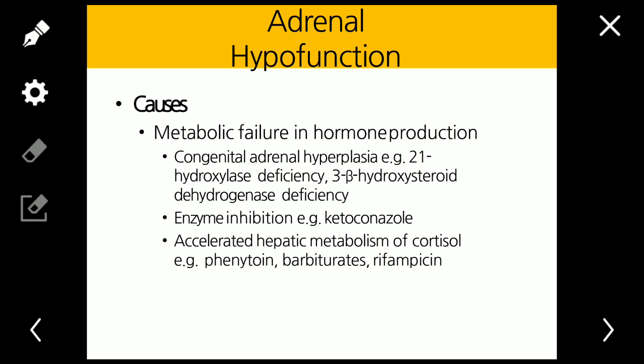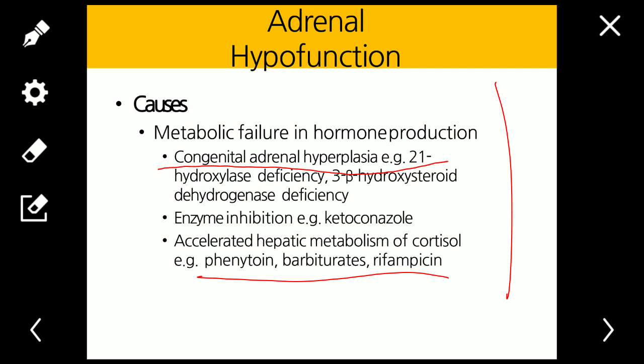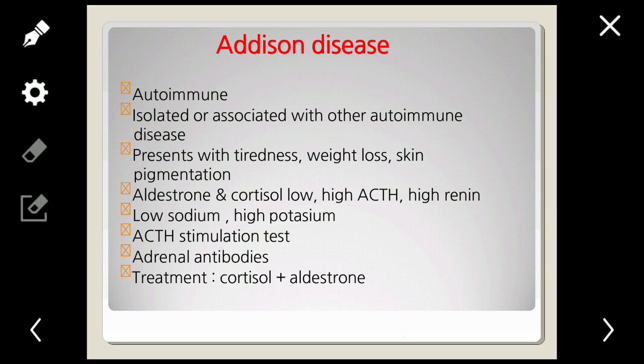Then metabolic failure in hormone production, like congenital adrenal hyperplasia, example 21 hydroxylase deficiency. Enzyme inhibition, example ketoconazole. Accelerated hepatic metabolism of cortisol by drugs like phenytoin, barbiturates and rifampicin. All these cause the hypofunction of the adrenal gland.